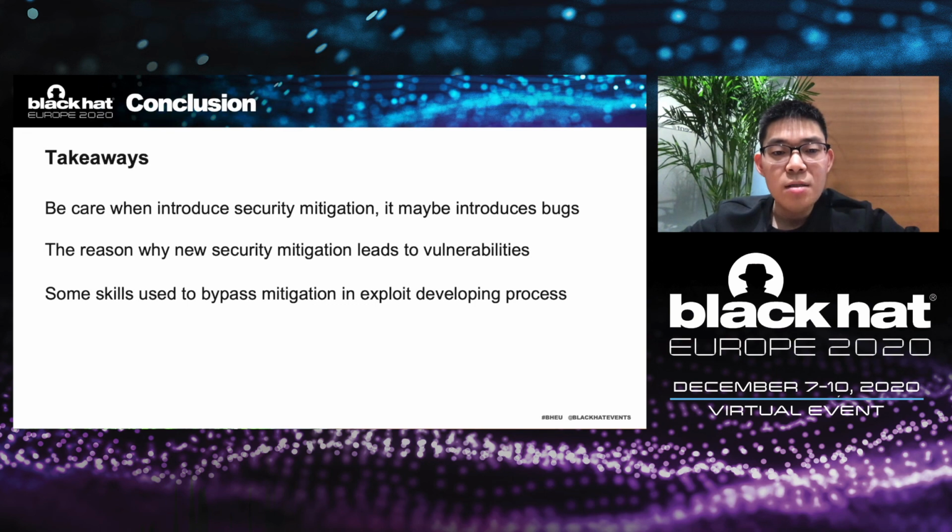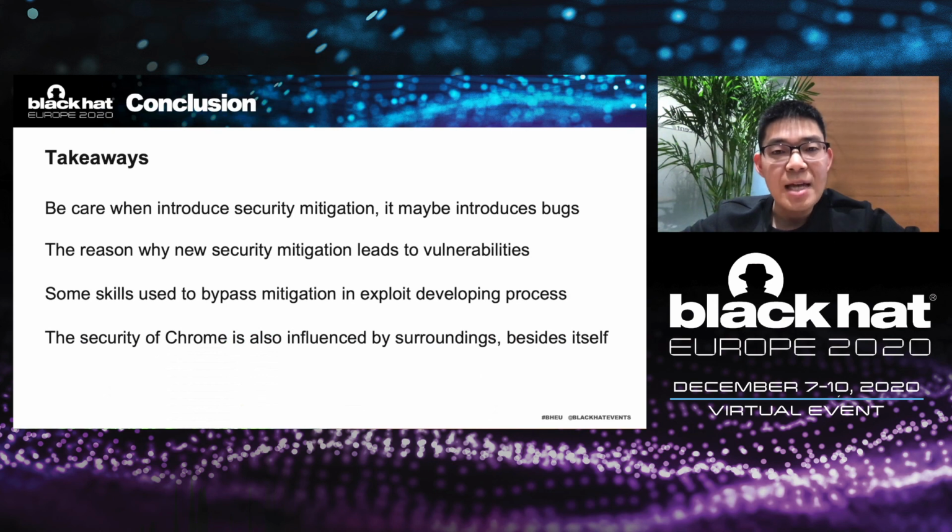And the last one, the security of Chrome is also influenced by surroundings besides itself. For example, in our deep link reflection attack, we can attack Chrome by Google Quick Search Box app.